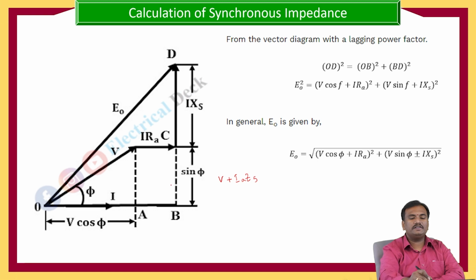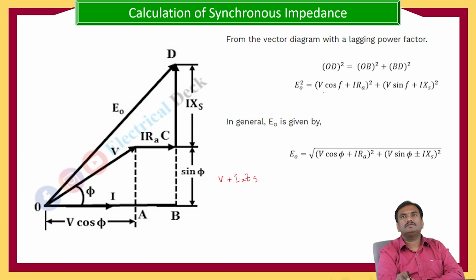So from this diagram, to get the OD value, OD square is equal to OB square plus BD square.